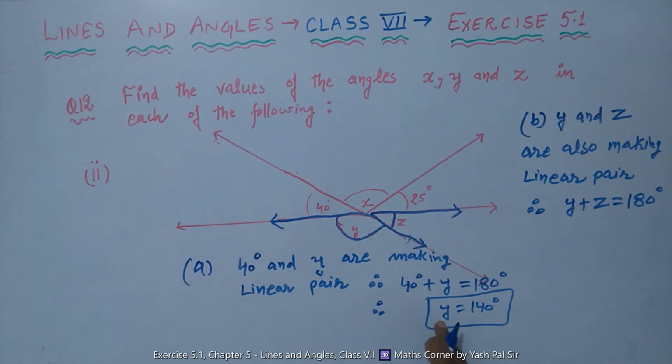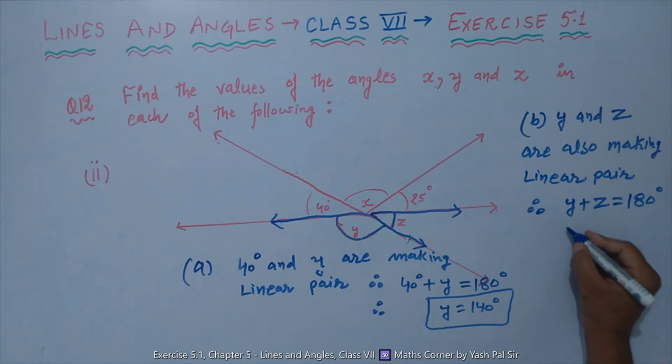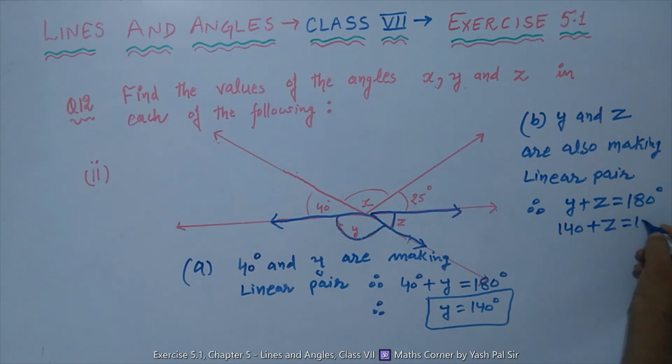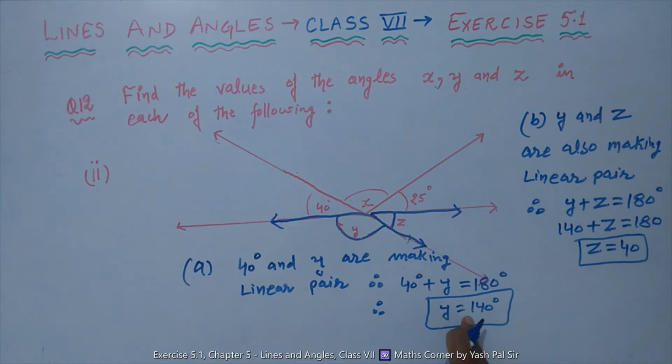Now what is the value of y? Y is 140 plus z is equal to 180. So from here we can find the value of z. Z is equal to 40 degree. So value of y is obtained, value of z is also obtained.